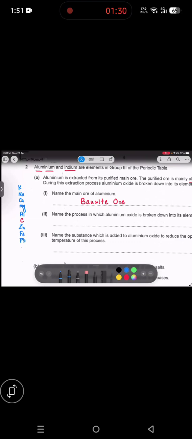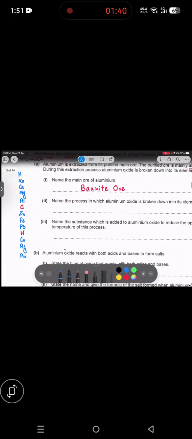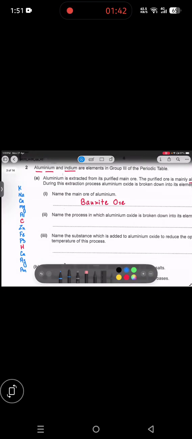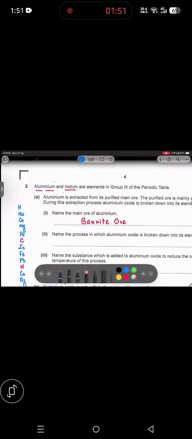Then you have hydrogen, and then copper, silver, and gold. Now, the elements before the carbon, starting from potassium till the aluminium, these elements are extracted by the process of electrolysis.